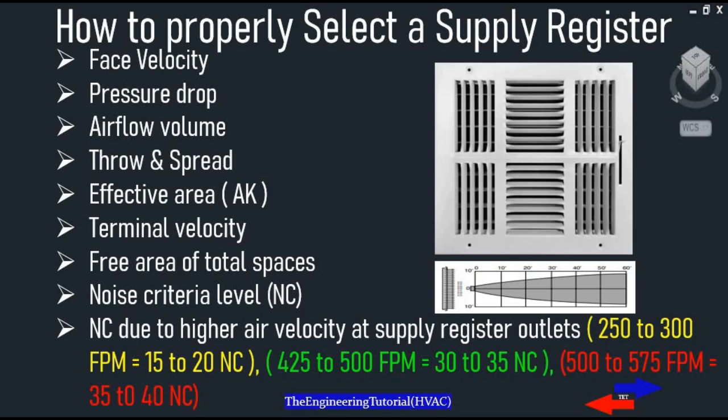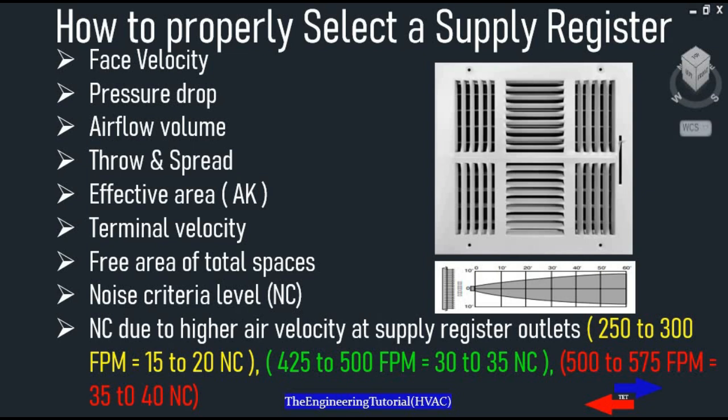The eighth one is noise criteria or NC level. Designers should always take into account acoustical performance when selecting grilles, registers, and diffusers. And here, noise has to be controlled and rated correctly when it comes out of registers.